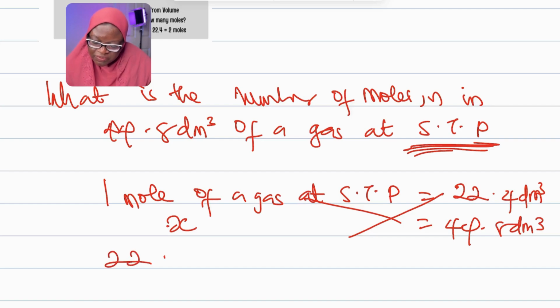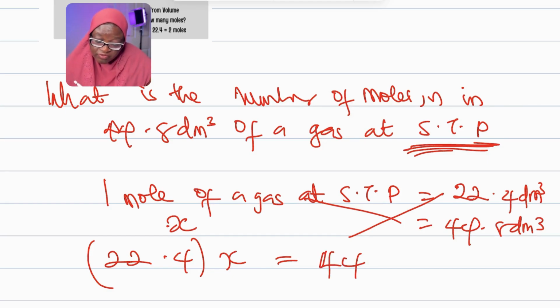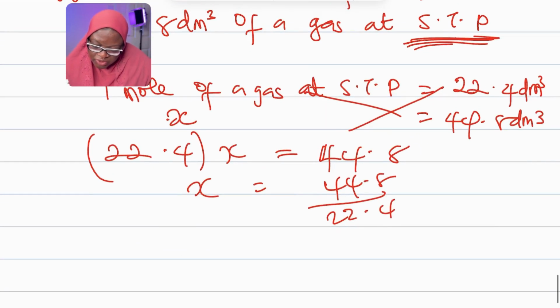If we cross multiply, we have 22.4 times the unknown number of moles equals 44.8 times 1, which is still 44.8. So x is equal to 44.8 divided by 22.4.